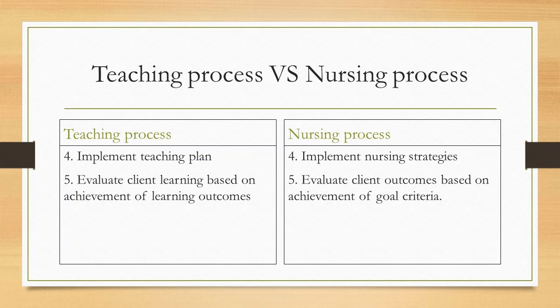And in the nursing process, step number 5 also says evaluate, but here we have to evaluate client outcomes based on achievement of goal criteria. So they are alike, but they are focused on different dimensions or disciplines.